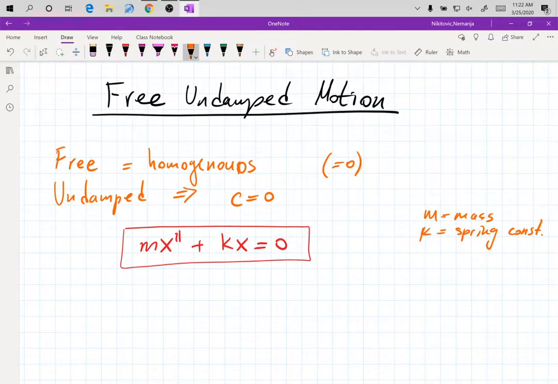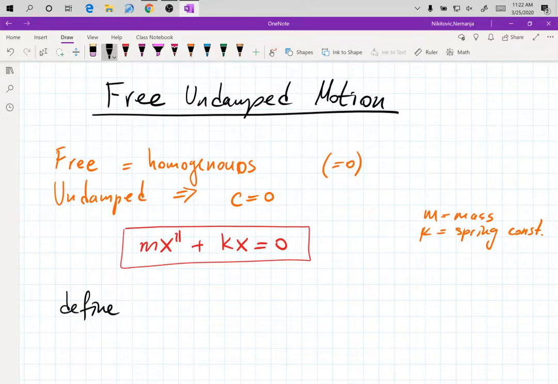So we are going to take a look now at the situation where we are going to define, and we'll see why.